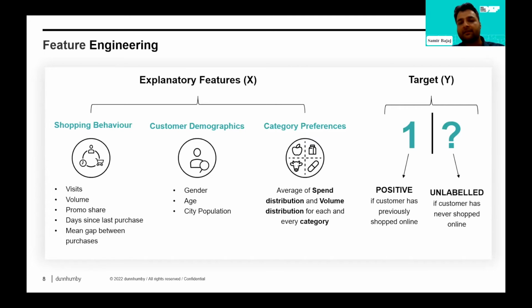And finally, the target variable: for those shoppers who have shopped previously online, we take them as one. So those are positive. And the remaining, those who have never shopped online, are treated as unlabeled.